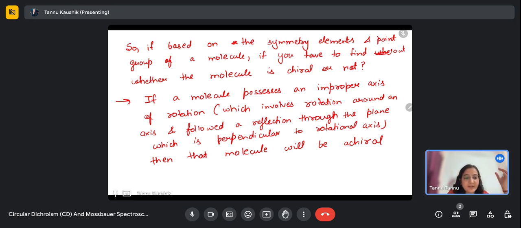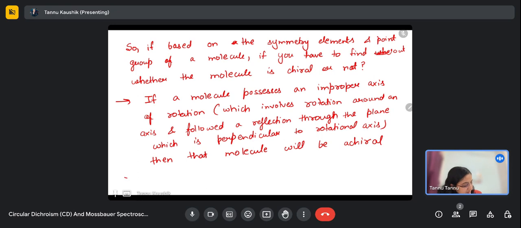We have already discussed the flow chart to trace out the different symmetry elements and the particular point group of a molecule. Following that flow chart, you can find out the point group of a molecule, and then you can assign whether the molecule has an improper axis of rotation.